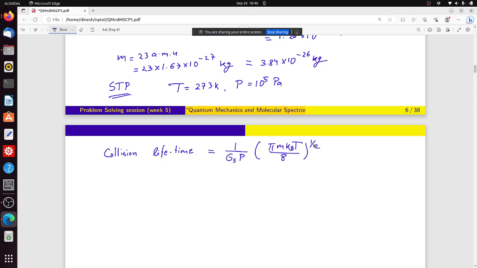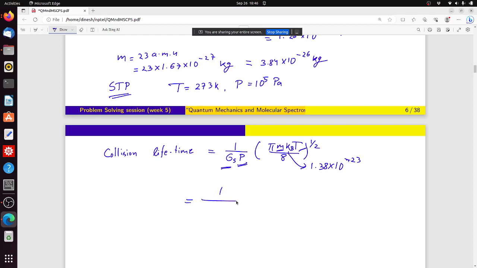I am not going to derive this formula, you can check this from the books. The cross section we have, pressure we have, temperature we have, mass also we have. What is this k_B? This is the Boltzmann constant, its value is 1.38 times 10 to the power minus 23.